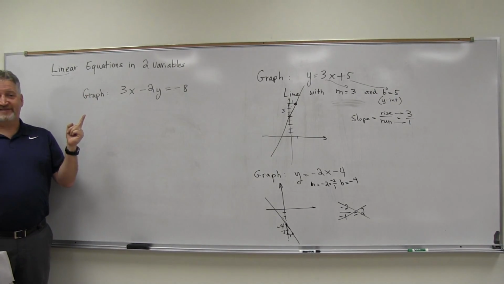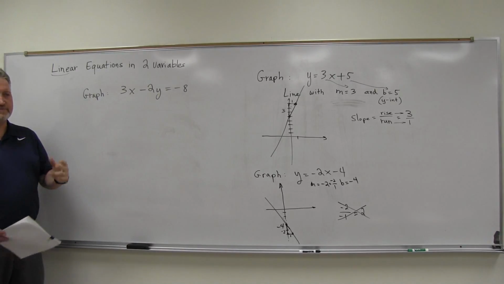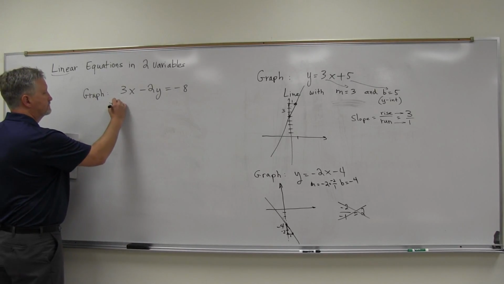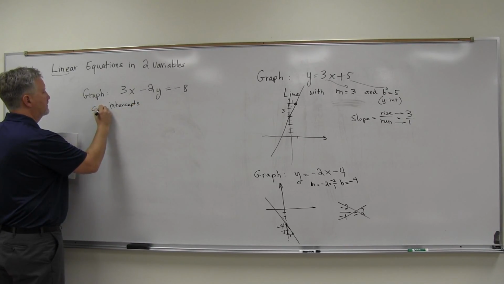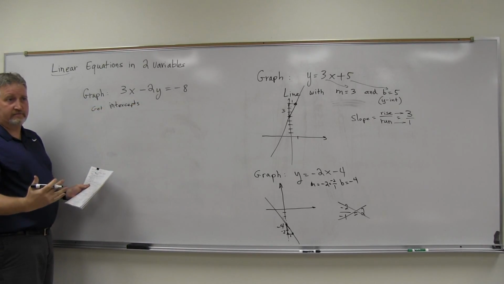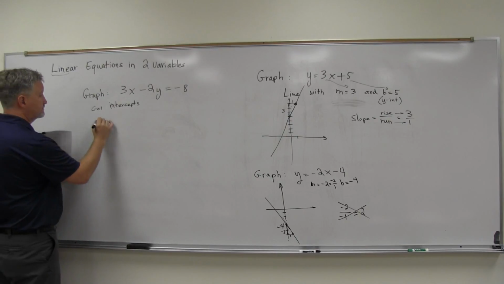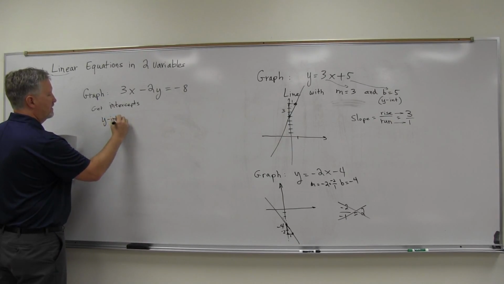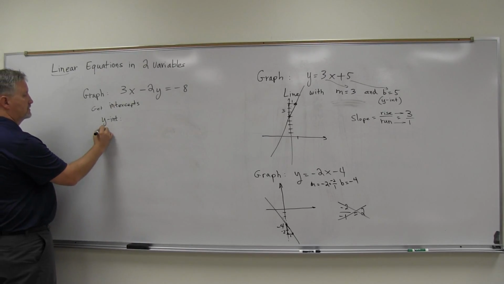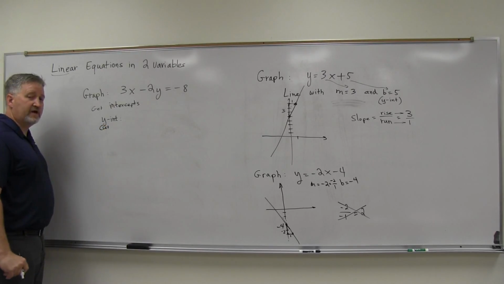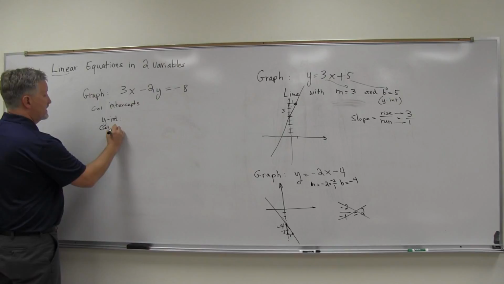The way I like to do these is I call it the intercepts method. Get the intercepts. Because we talked about y-intercept and x-intercept. If I want to find the y-intercept, how do I do that? Set x to 0.